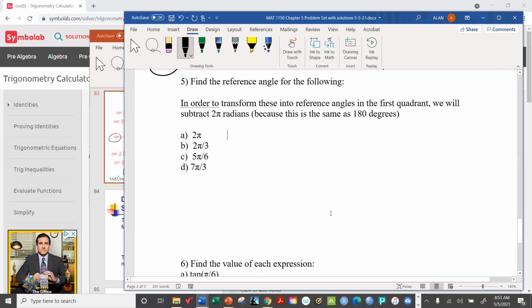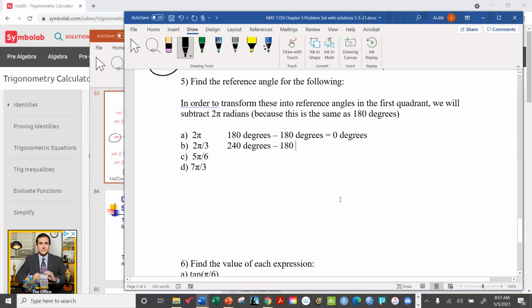So we'll do this. This is 180 degrees. So the first one is fine. That's not a problem. This one, 2/3 pi, is 240 degrees.